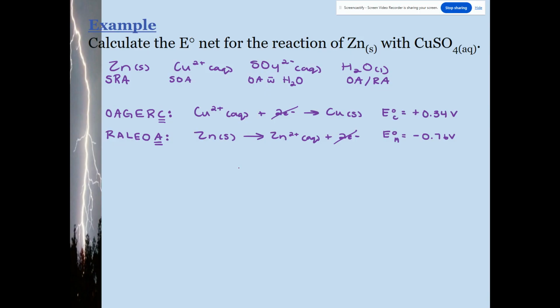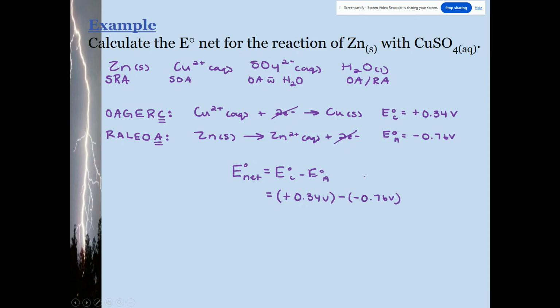So I'm not even going to write the net reaction. I'm just going to figure out the net voltage. So again, it's cathode minus anode. And I could put naughts for all of these, not that it really makes a difference. So my cathode is positive 0.34 volts, and I'm going to subtract my anode, negative 0.76 volts.